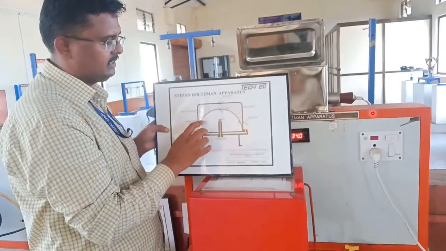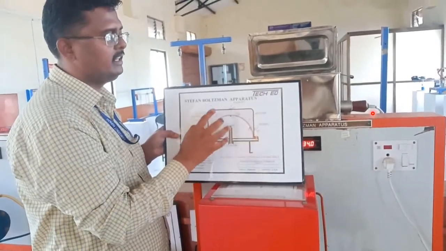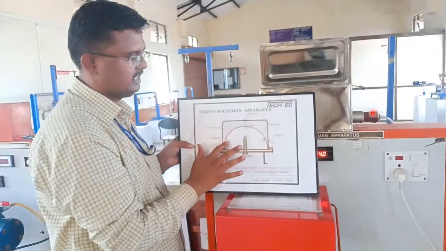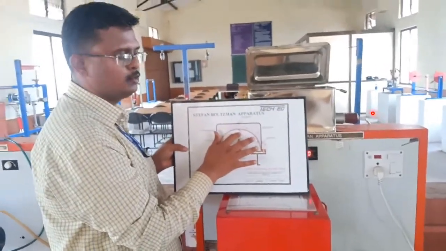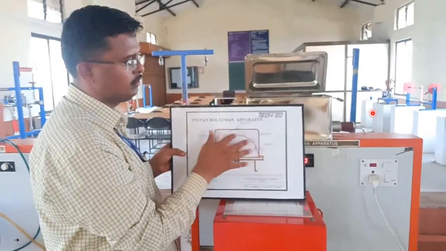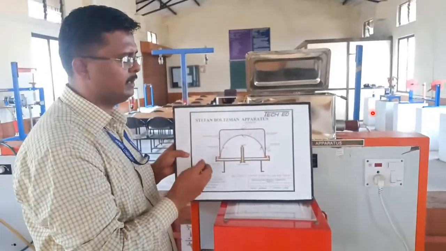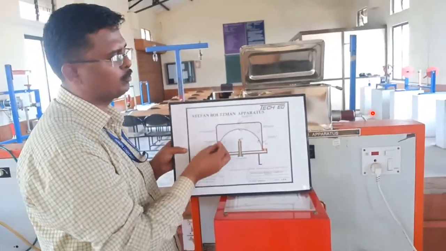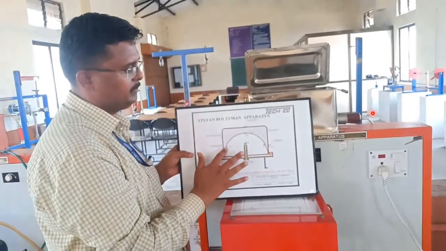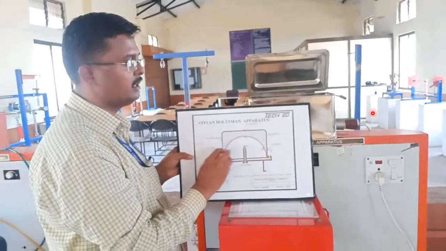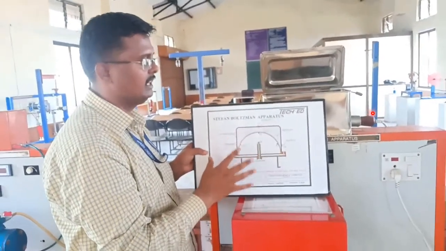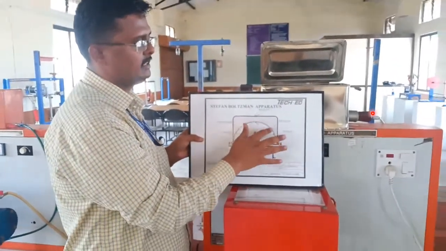All these temperatures should be very near to each other. That means T1 should read the same temperature, T2 should also read the same temperature, and T3 should also reach the same temperature. Same temperature means up to 0.5 degree, up to 1 degree it may vary. All of T1, T2, T3 should be near to each other. Then we will tell that it has reached its steady state.